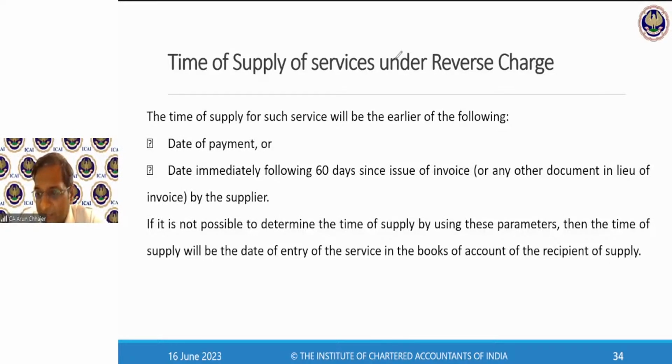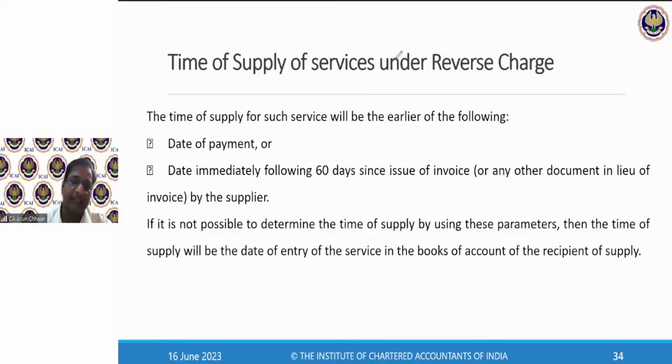Vaishali, reverse charge means when the liability to pay the tax is on the recipient. I am an advocate providing the service to XYZ Limited. Now I am not required to pay the GST. The recipient would be paying the GST under reverse charge directly to the government. It is called reverse charge.